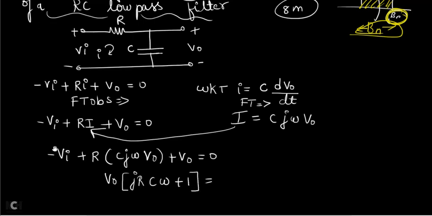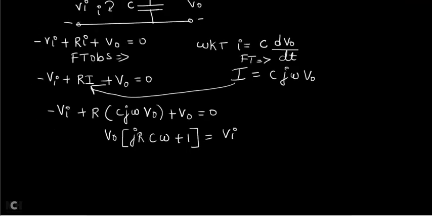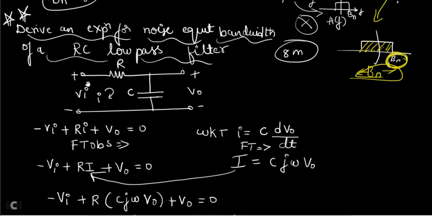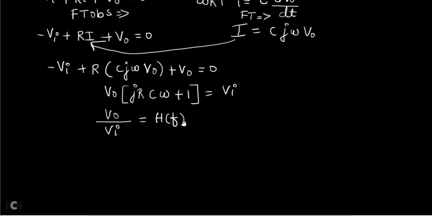This minus Vi, you send it to the right hand side, it becomes plus Vi. Now, I want to know the transfer function, no? So V0 divided by Vi, output voltage by input voltage, is the transfer function of the filter, H of f. So for this low pass filter, what is the transfer function? Capital H of f is nothing but output voltage by input voltage.